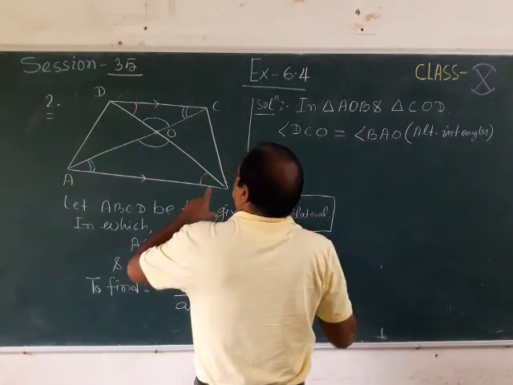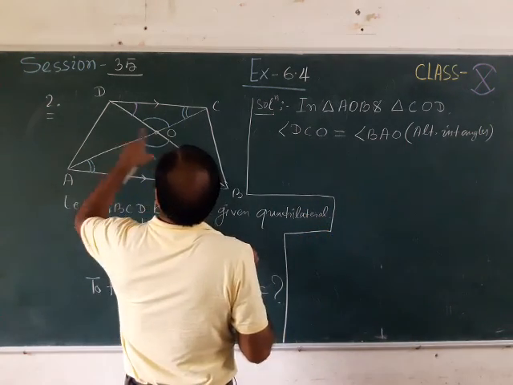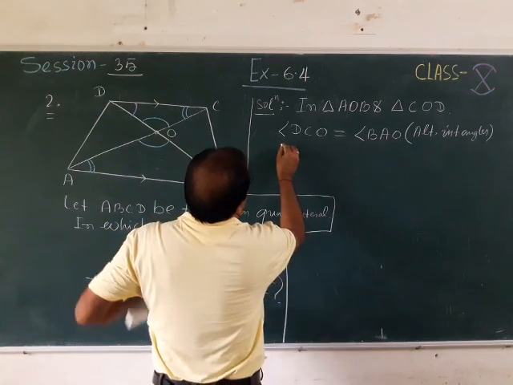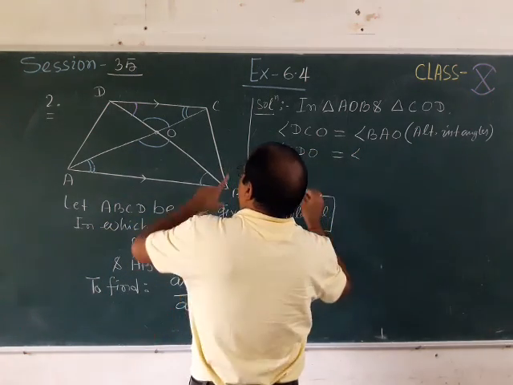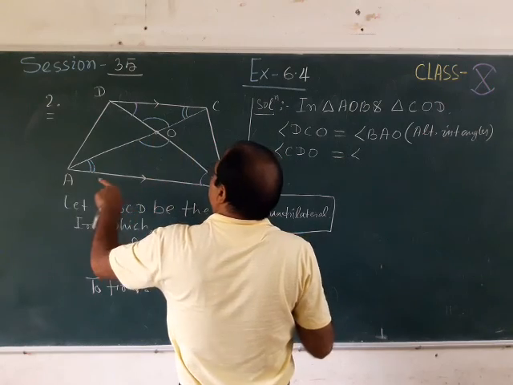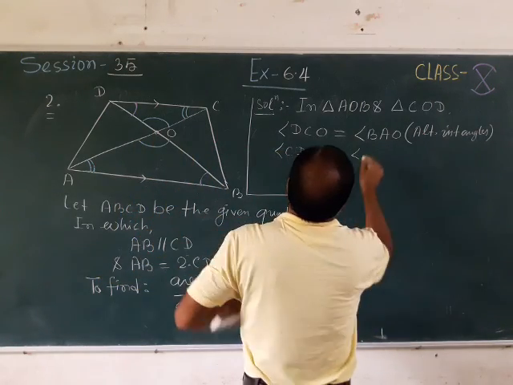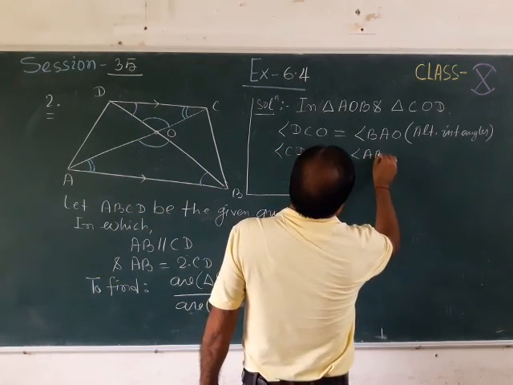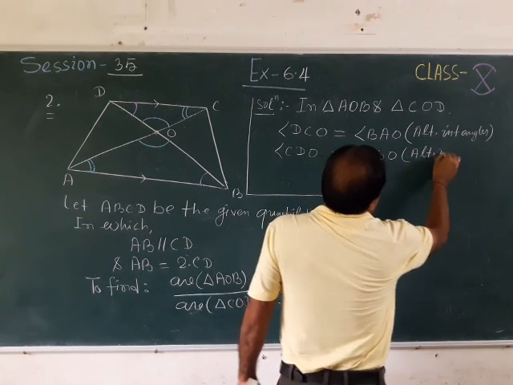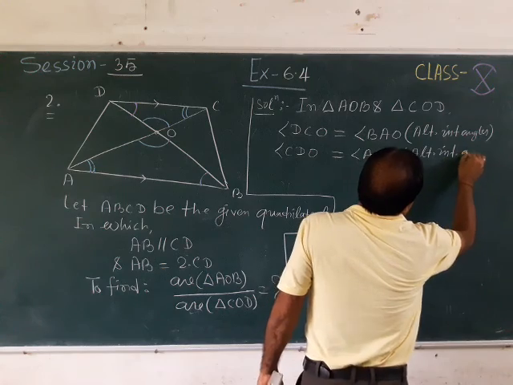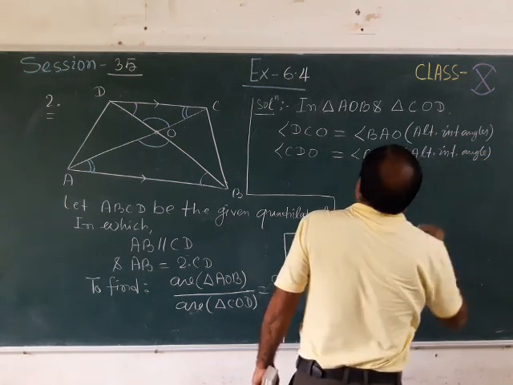Then again you can write about angle CDO. Angle CDO is equal to angle ABO, this is also alternate interior angles. Okay.